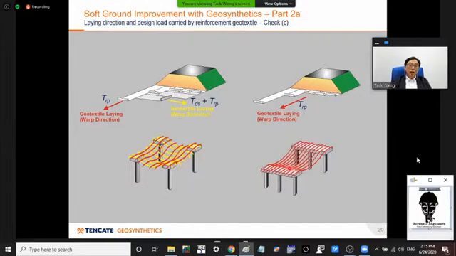Whereas in the case of linked pile caps, especially when the pile caps are across the embankment, then the pile cap will take care of the lateral push, and you only need spanning across one direction.